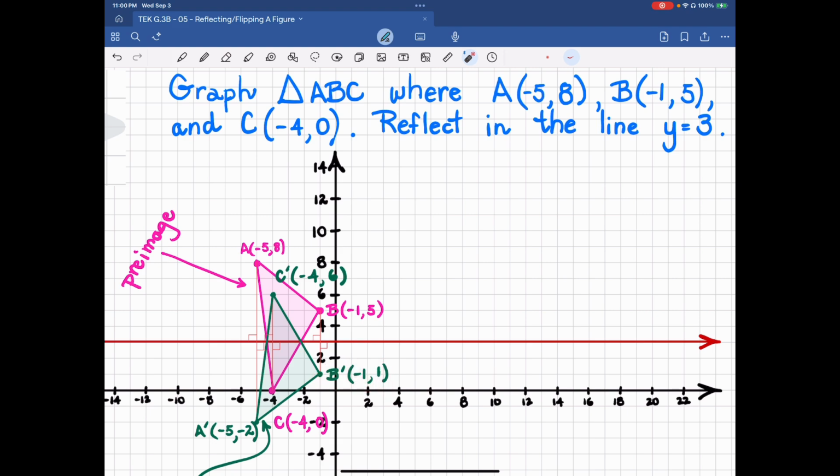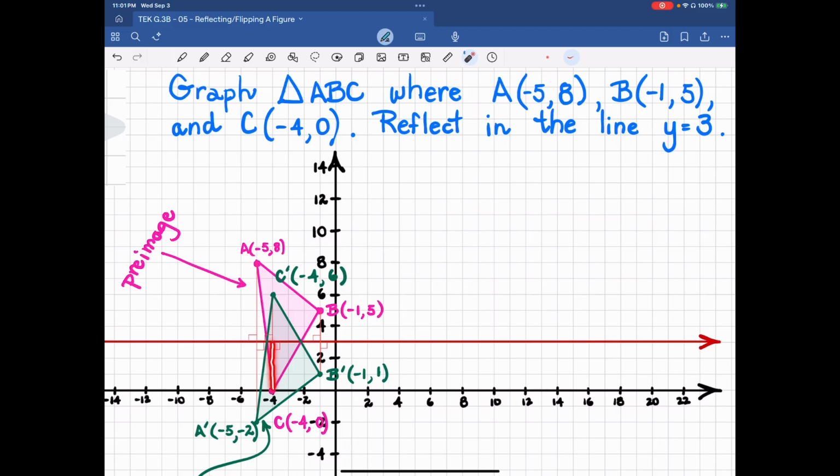Okay? Now we have to do C. Now look, C is on the opposite side of the line of reflection. See, these 2 points are above the line of reflection, and this point is below. So what are we going to do? Well, instead of drawing the line down, we're going to draw it up. Because remember, we're drawing the line from the vertex to the line of symmetry, or the line of reflection.